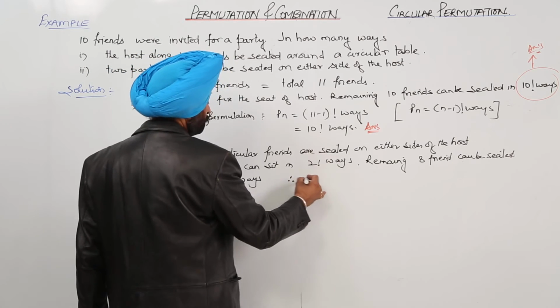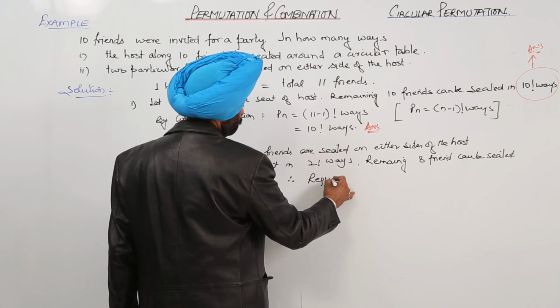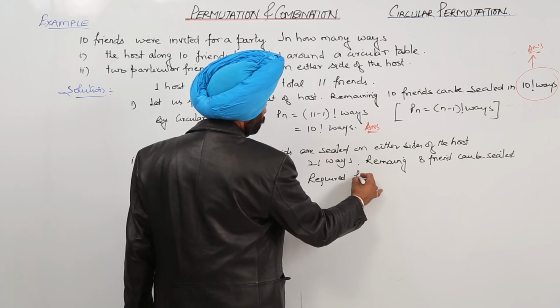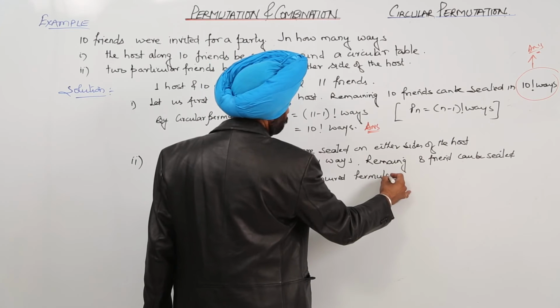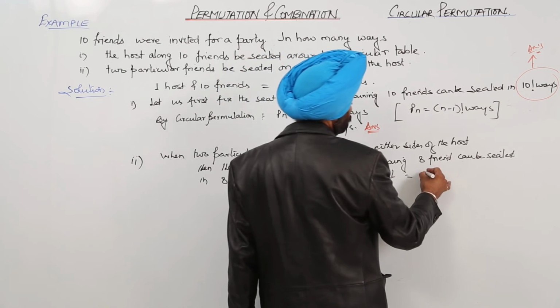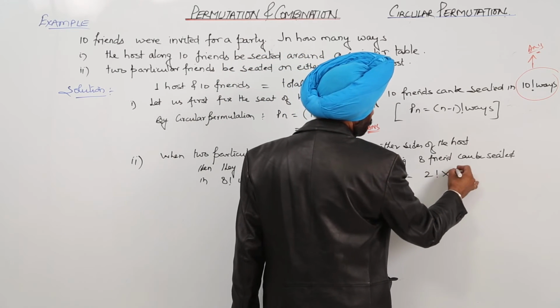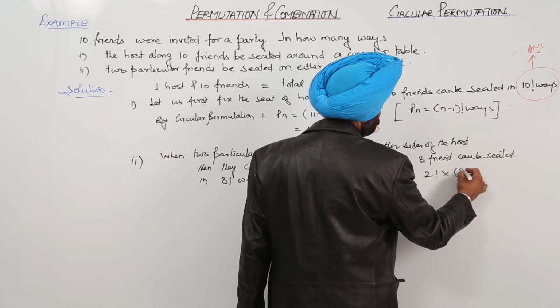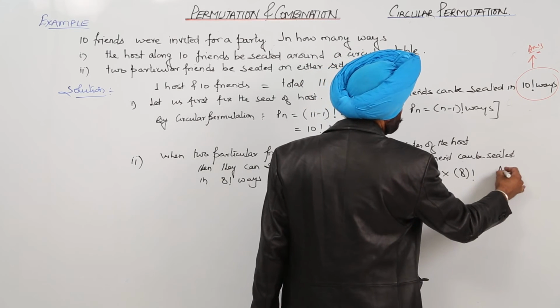Therefore, the required permutation is equal to 2 factorial times 8 factorial. This is the answer.